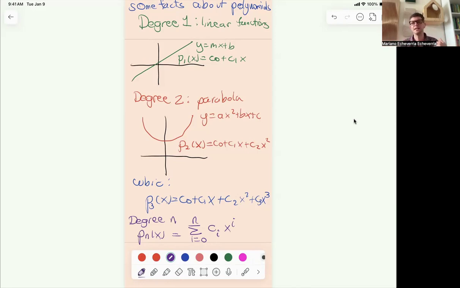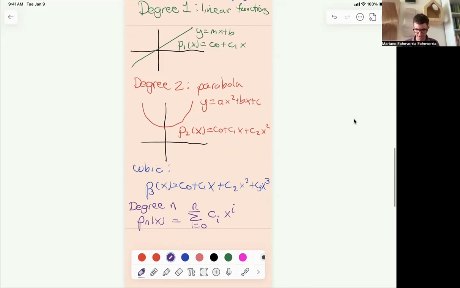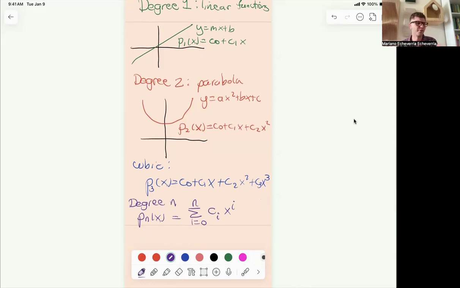So the idea is that the constants, the ci's, are what specify the polynomial, right? I will refer to them sometimes as parameters or constants, but the ci's are the parameters, or coefficients, maybe a better way of referring to them, which specify the polynomial.